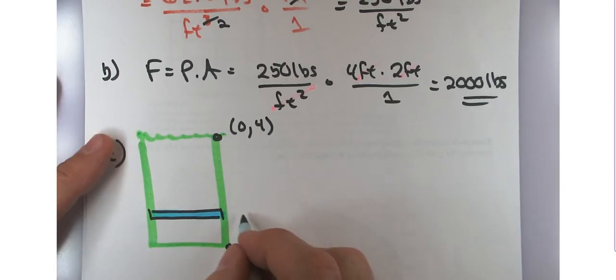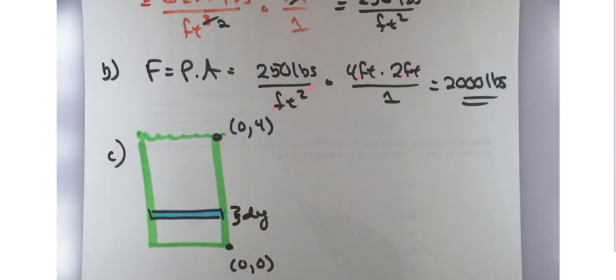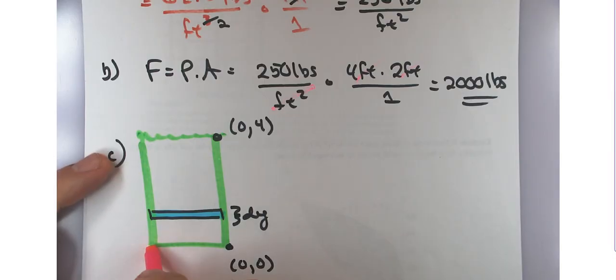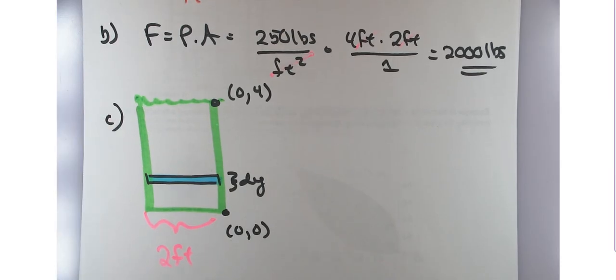So that much is going to be dy. And the width of this slice is just the width of the side of the tank, and that width was 2 feet. So the force on one slice is going to be a product of the area times the depth times the density.